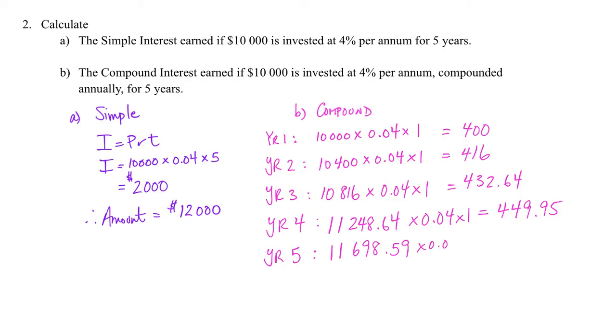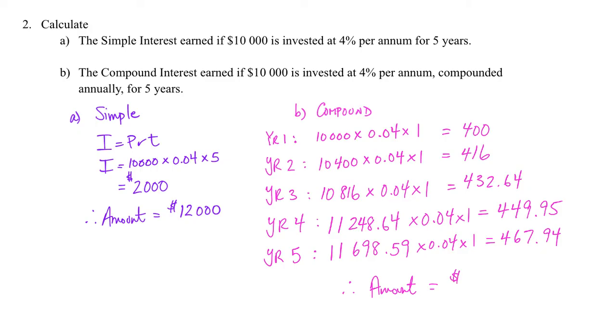If I work through my final year, year 5, and I figure out how much interest I would earn that year, I'm going to earn another $467.94. So, what does that make my final amount?